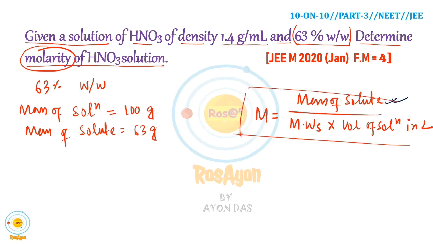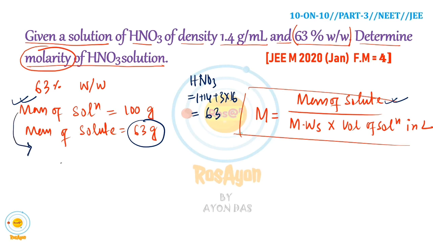The mass of the solute is given, 63 gram, and the molecular weight of the solute, that is HNO3, is equal to 1 plus 14 plus 3 into 16, that is equal to 63, and the volume of the solution in liter is not given. Here the mass of the solution is given, so you have to convert it into the volume.